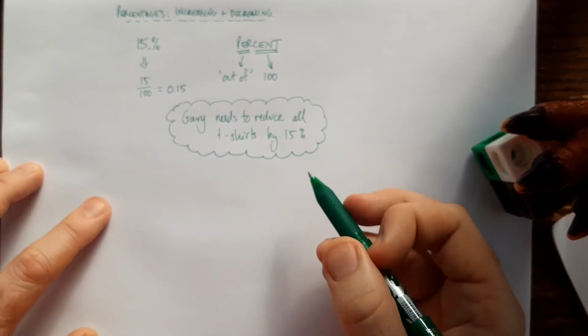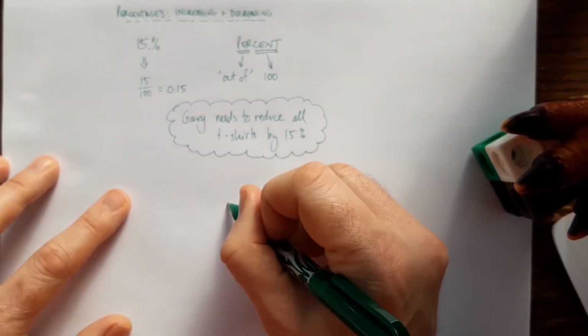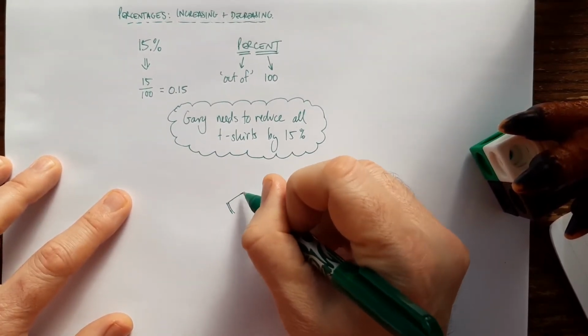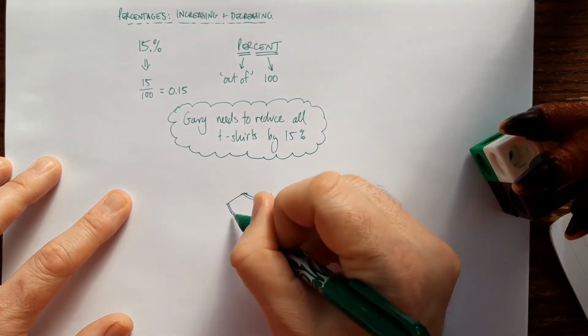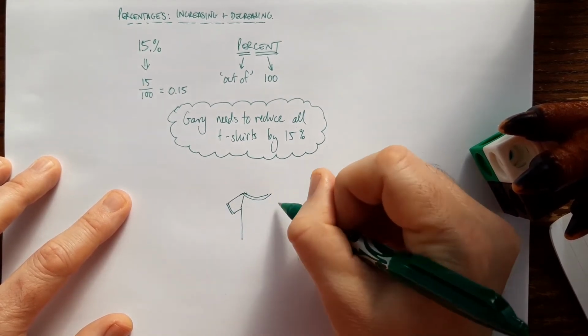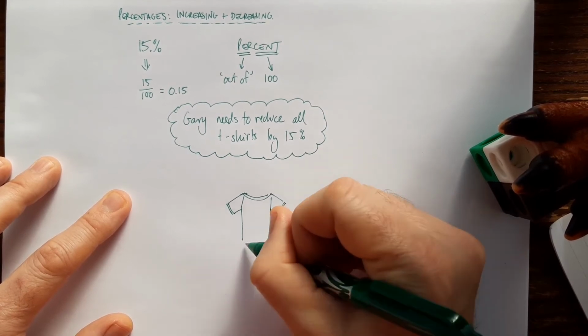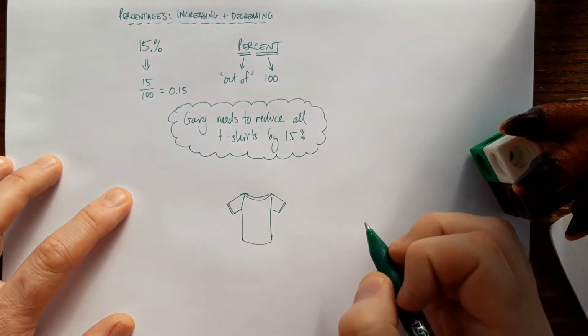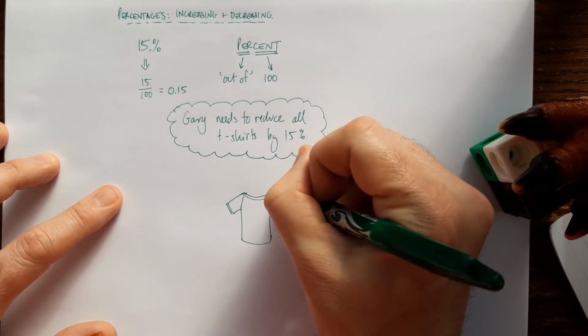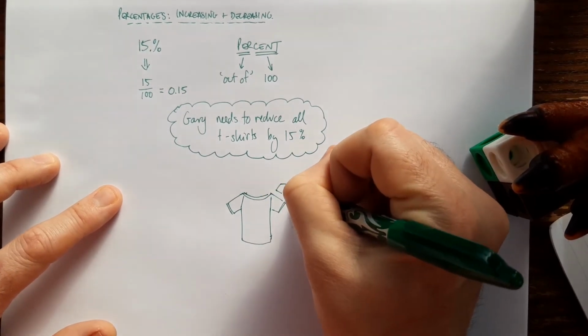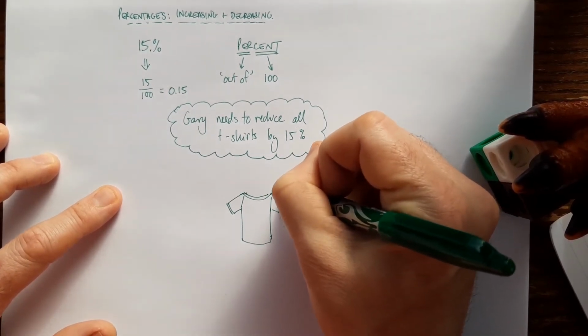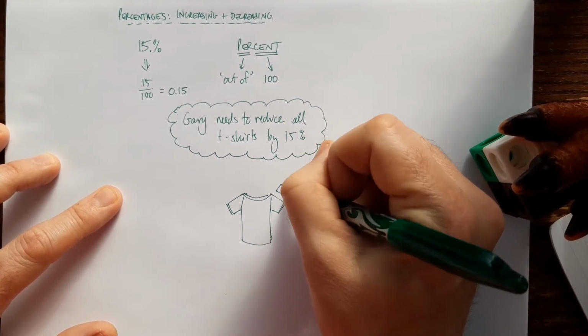Okay, so where we go. We get ourselves our T-shirt. There's our T-shirt. It's important to draw the T-shirt, obviously, for the maths. Okay, there's my T-shirt. It's got a price tag of £24.